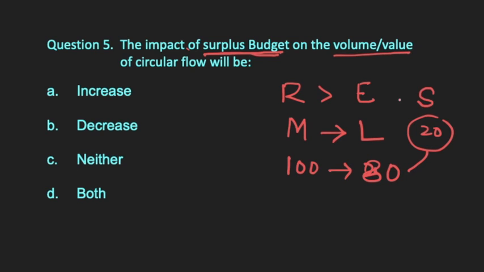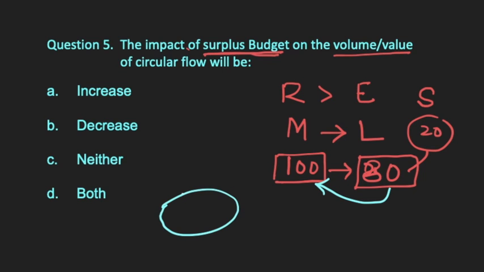That is our surplus. And when the government receives 100 but puts back into the circular flow only 80, then obviously the circular flow of income is going to decrease. We have the circular flow taking place, and some part of the circular flow first goes to the government sector, and then it comes back to the circular flow between the household sector and the business sector. Now supposing the government received $100, but it is giving back only $80 to the circular flow.